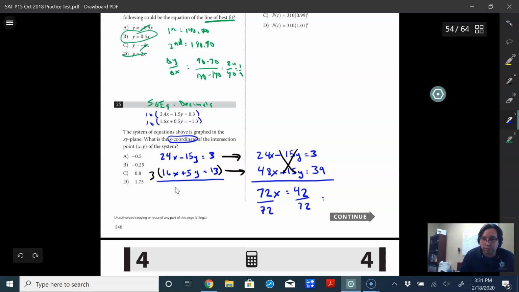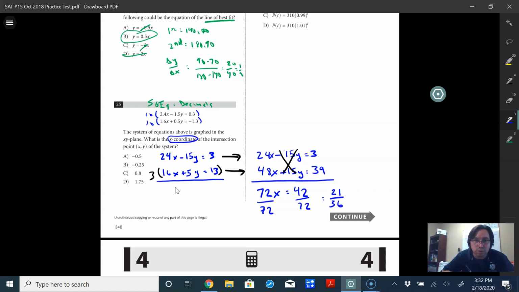And so x is going to be, split that in half, 21 over 36. Divisible by 7? Nope, not divisible by 7. So let's see what my calculator says. 21 divided by 36 is going to be 0.58. Did I do something wrong on this one?